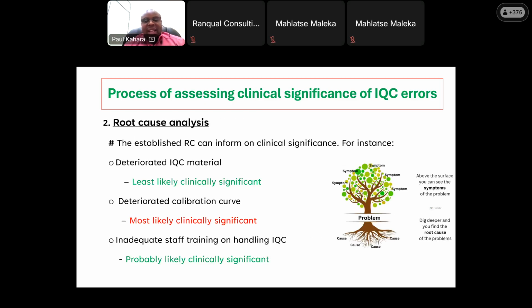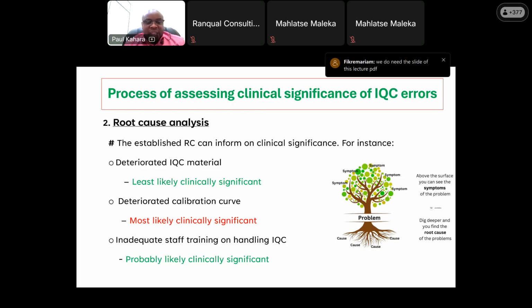Number two is root cause analysis. And I don't want to go deep into root cause analysis because this is another concept altogether. Of course, we know that root cause is the principal reason why a nonconformity happened, or the principal reason why probably you have an IQC failure or an EQA failure. And some of these root causes will actually tell us whether the nonconformity or the error is clinically significant.